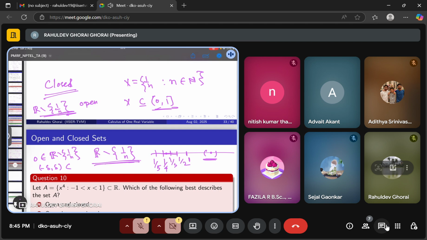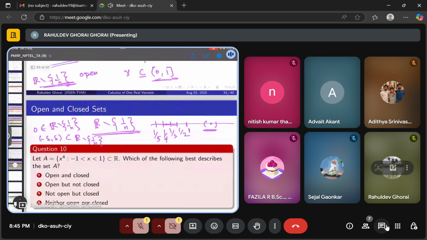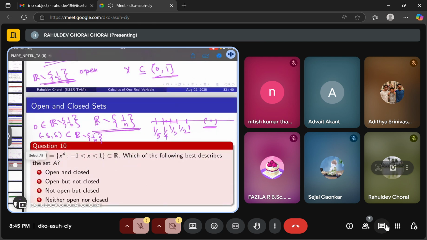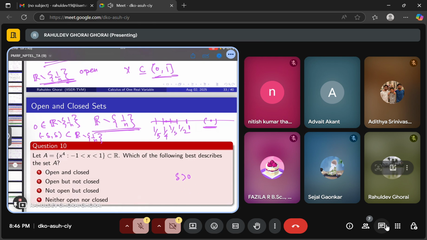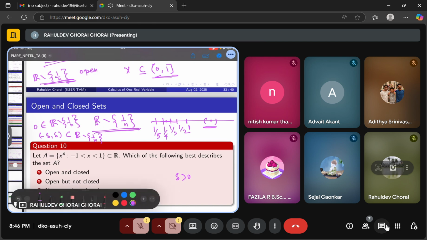Can you say that it will belong to R minus 1 by n? No matter what delta you choose, however small, because delta is greater than 0, you will find n such that n delta is greater than 1. So 1 by delta is also greater than 0, and you can find 1 by n which is less than delta.